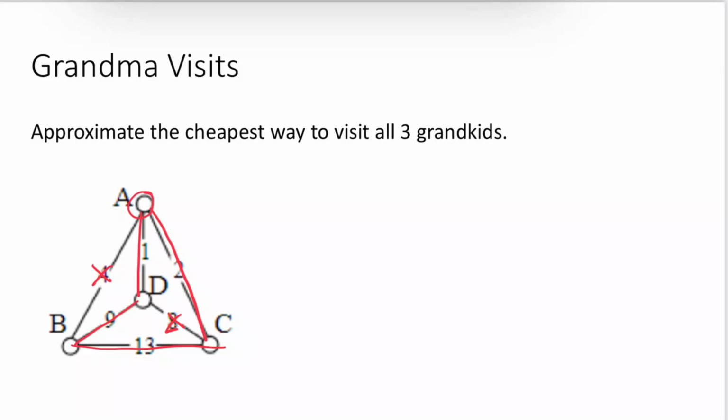And this is not the cheapest one, because we've done this example several times. And the actual cheapest one that we get with the brute force method is this circuit right here. So again, it's a good approximation, but it may not always give you the absolute cheapest Hamiltonian circuit.